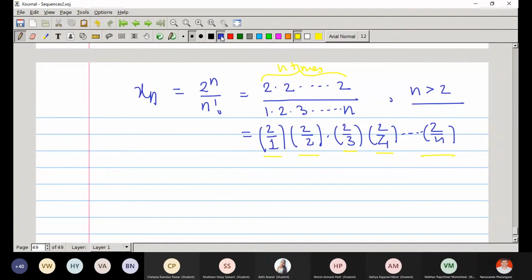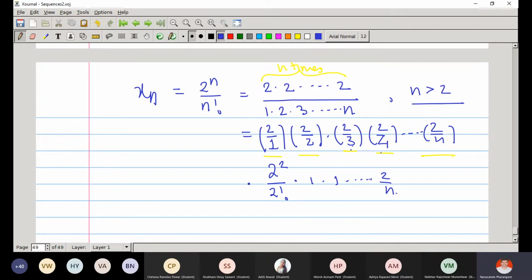So if I keep the first two factors as they are, that is 4 by 2, then the third factor is less than 1, the fourth factor is less than 1, so I will replace all these remaining factors by 1 except the last one, which is 2 by n as it is.